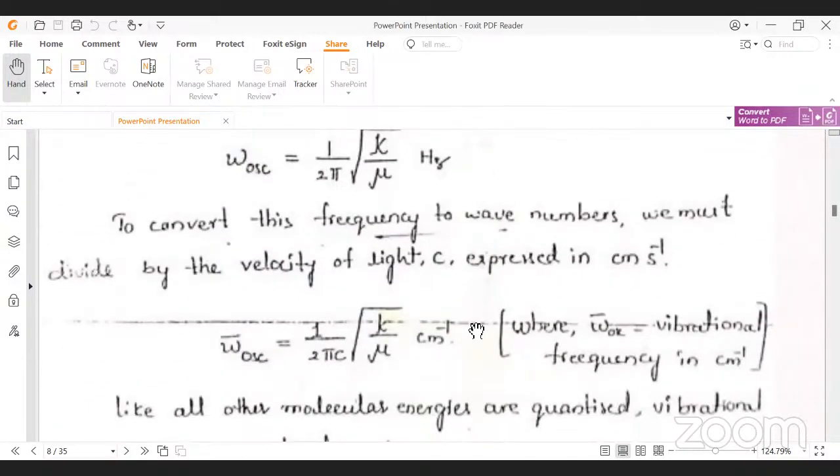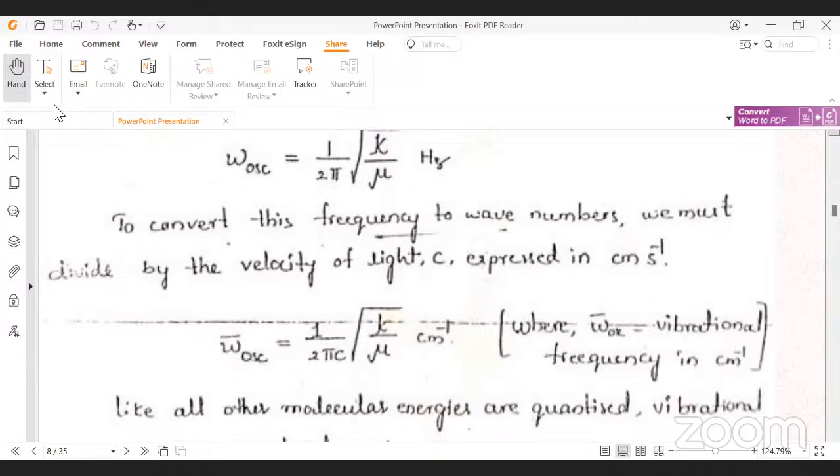To convert this frequency to wave numbers, we must divide it by the velocity of light. It can be expressed as ω bar oscillation, the vibrational frequency in centimeters.